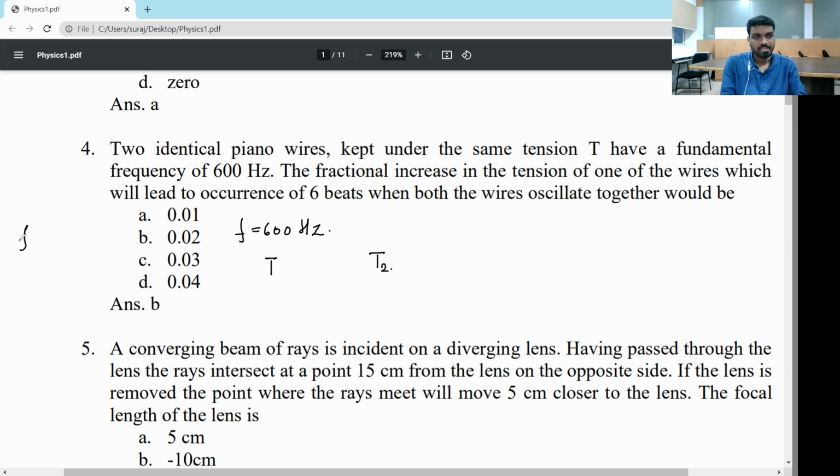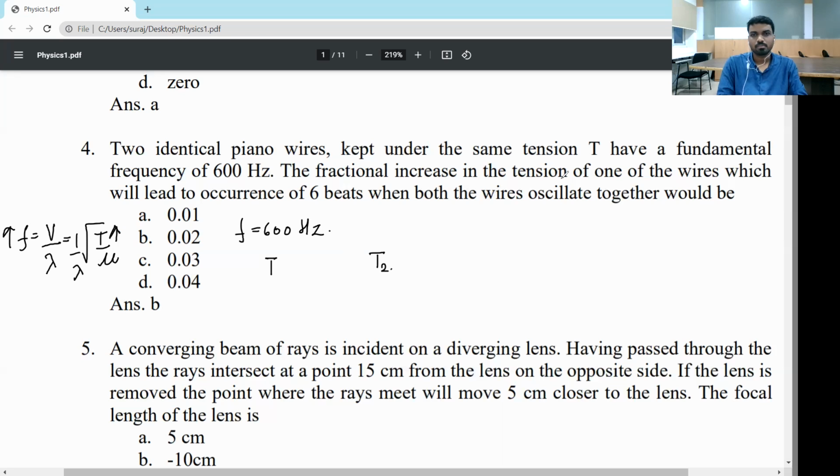Frequency f is equal to v by lambda, and v is root over T by mu, so f equals 1 by lambda times root over T by mu. If I increase the tension, frequency will also increase. We are increasing the tension only for the second wire, so frequency will change only for the second wire.